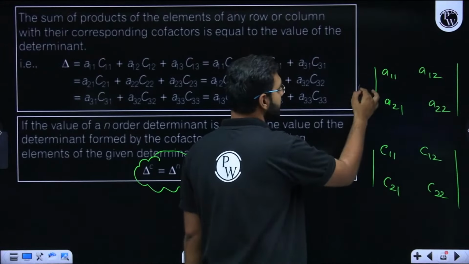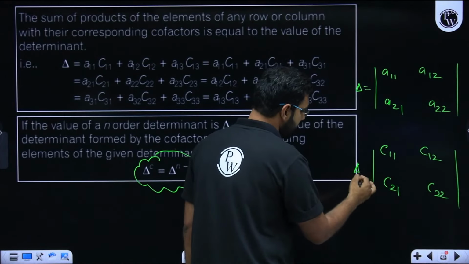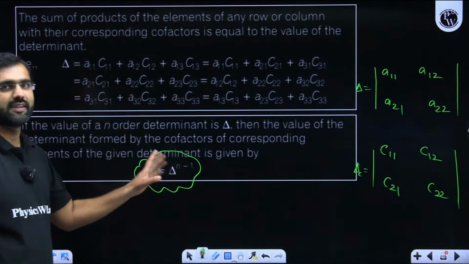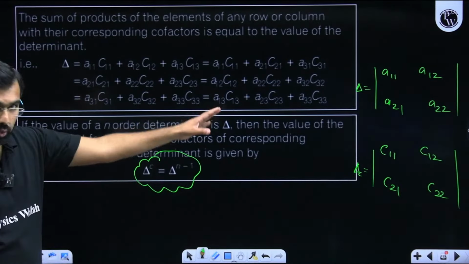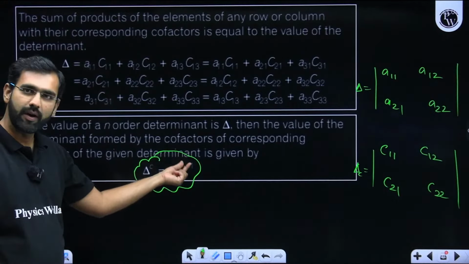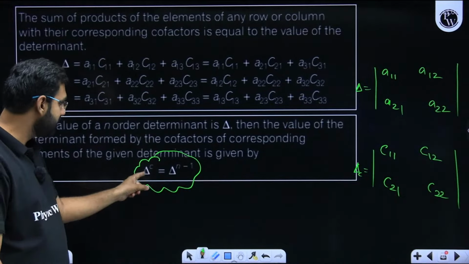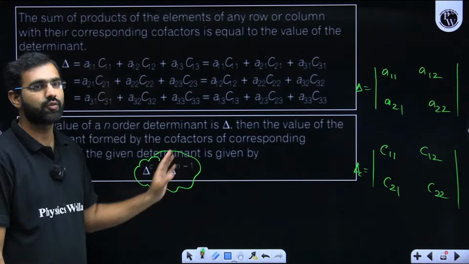Let's say this determinant has a value delta, and the cofactor determinant has a value delta C. Then always remember the result that delta C is delta to the power n minus 1. If it is 2 by 2, delta C will be delta to the power 2 minus 1, which is delta. But if it is a 3 by 3 determinant, then delta C will be delta to the power 3 minus 1, which is delta square.